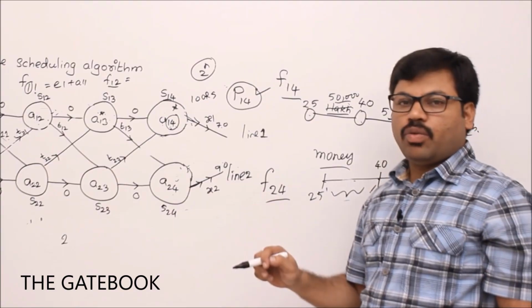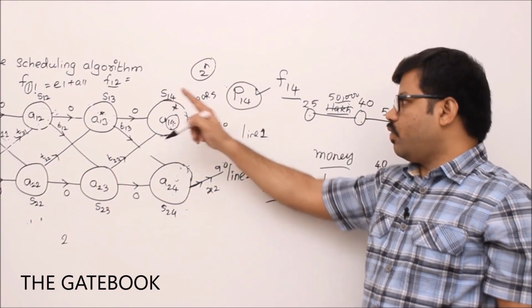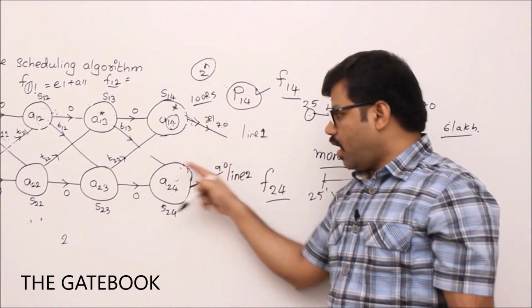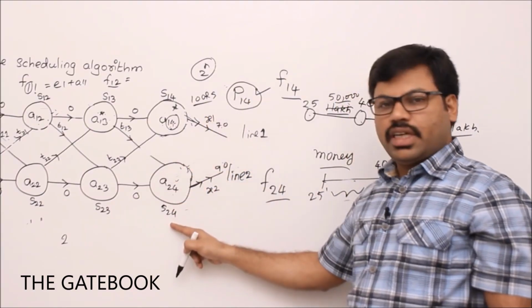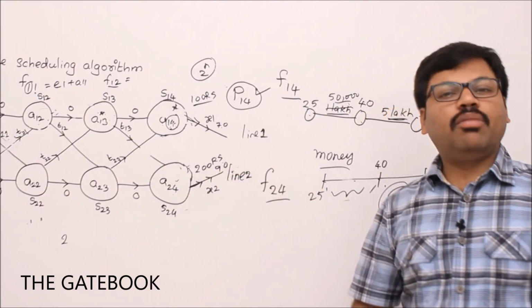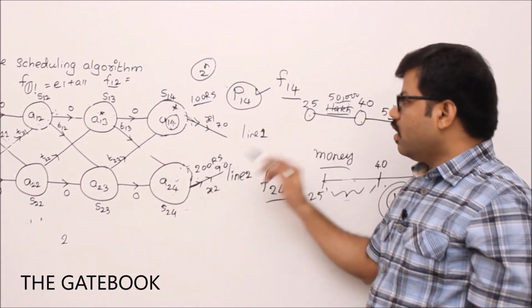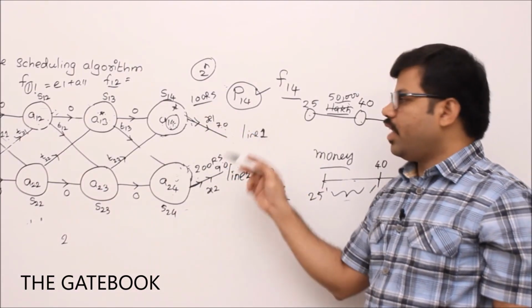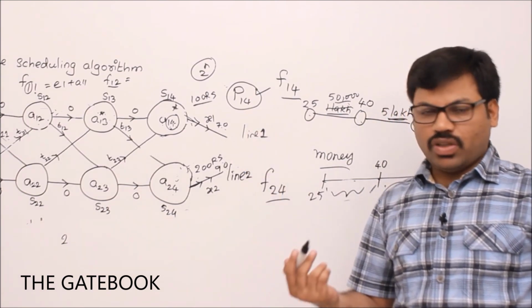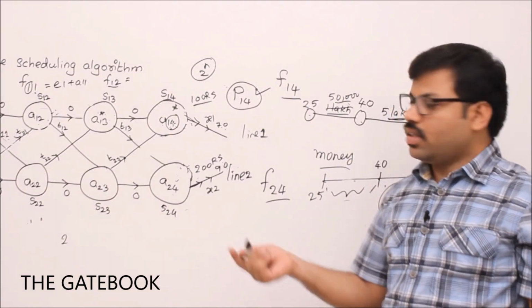All the paths which are touching the S24 stage, among them the best path is 200 rupees. Then you tell me, overall best is what? 200 plus 90 is this finishing, and here 100 plus this 70, 170. Among them we have to pick the best. We know the logic for that, correct? So 170 or 290, which one is minimum? That is the answer, correct?